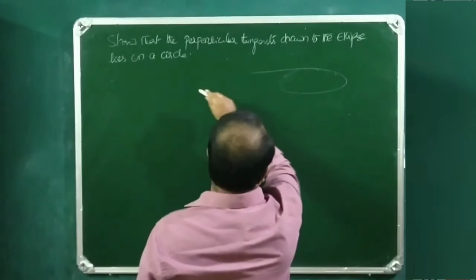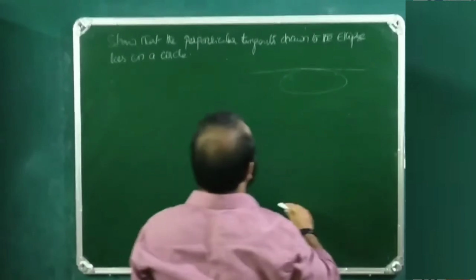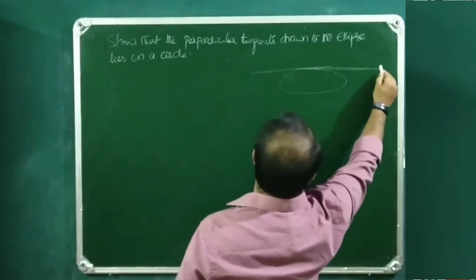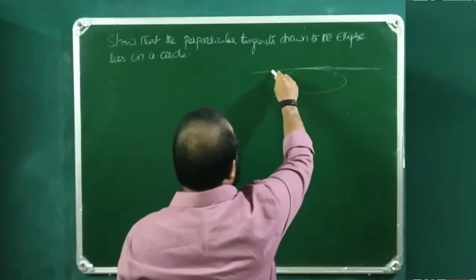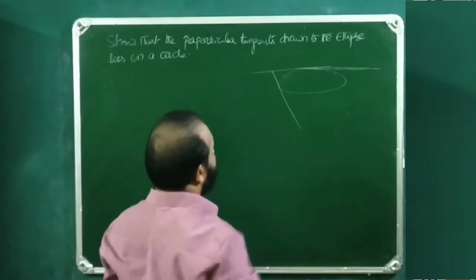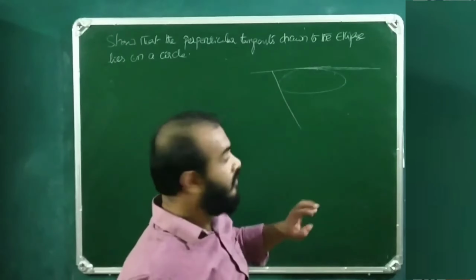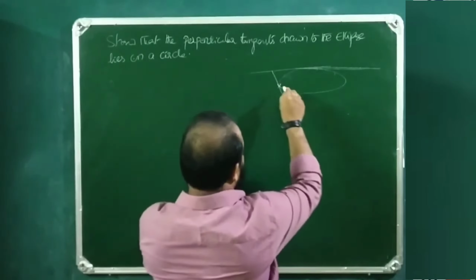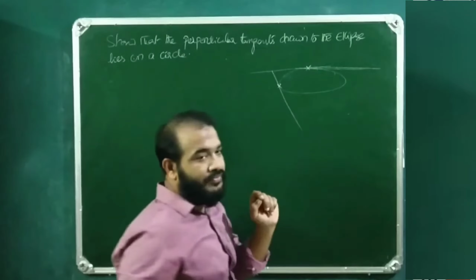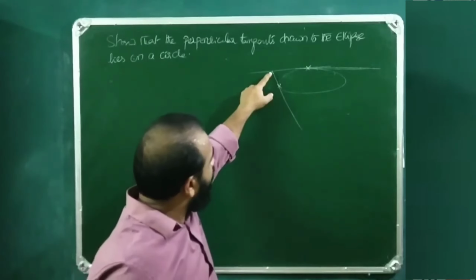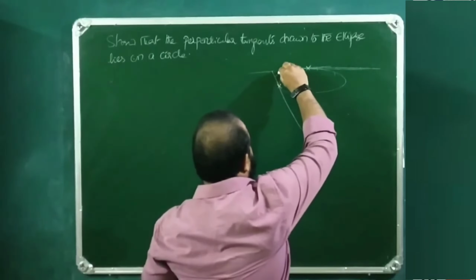So let us suppose that this is the tangent at this point, and this is the tangent at this point. So both are perpendicular tangents.